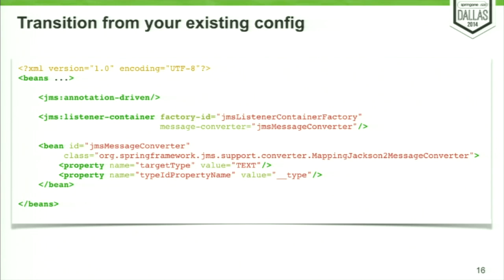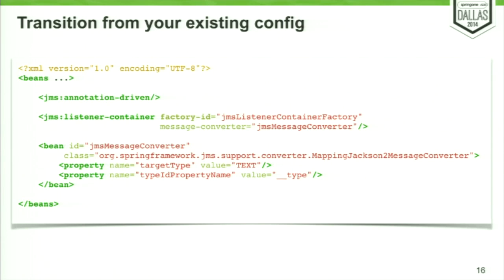So you add that to enable the processing of the JmsListener annotation. And we also add an extra attribute on the JMS listener container called factory-id. When you specify that, we automatically create a bean of type JmsListenerContainerFactory with all the customizations that you've put in XML. So if you update this app to Spring 4.1 and you update your config to this, it will just work. That's just a straight transition from what you had before.